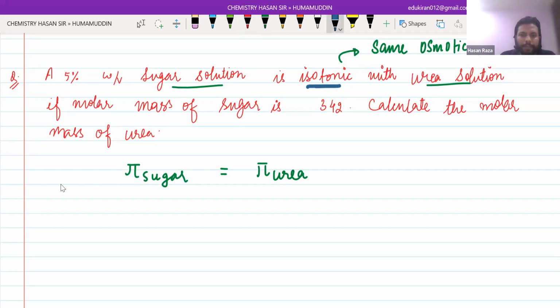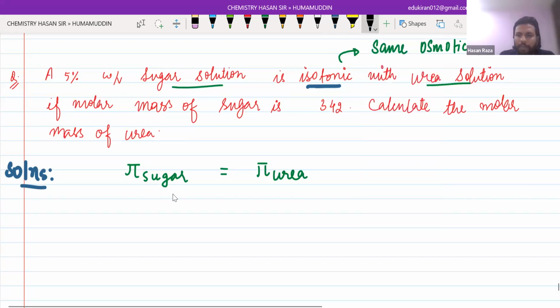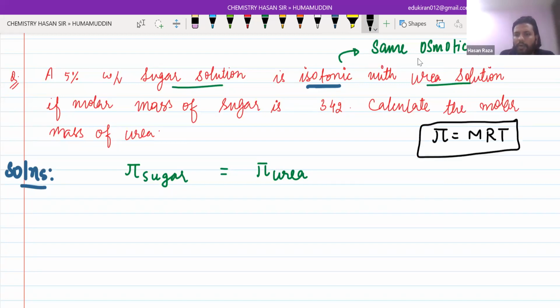Now we are going to apply the formula: osmotic pressure is equal to MRT, molarity into constant into temperature. This is the formula for osmotic pressure.